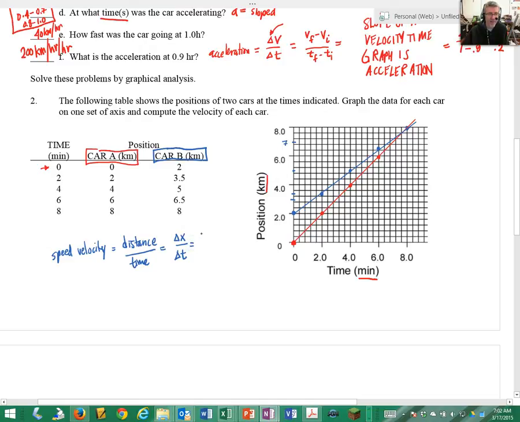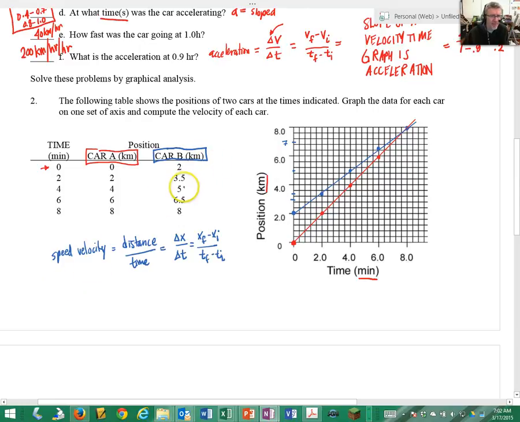All I need to do is take 2 points, say a final position minus an initial position over a final time minus initial time. Since these are straight lines, I could take any 2 points along here.